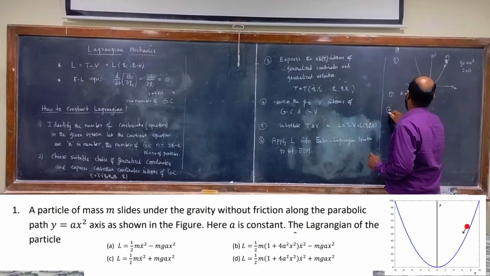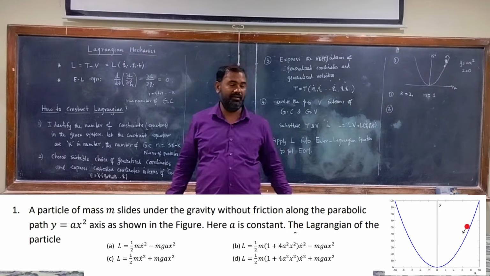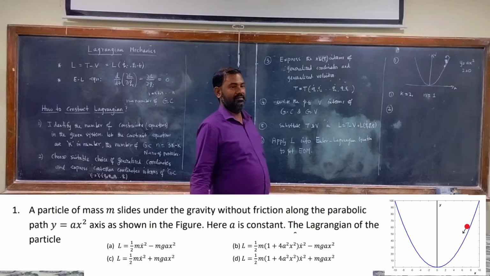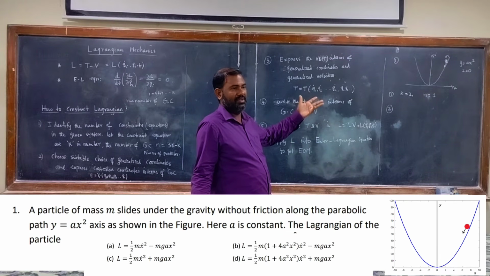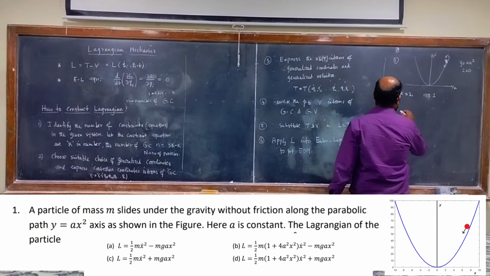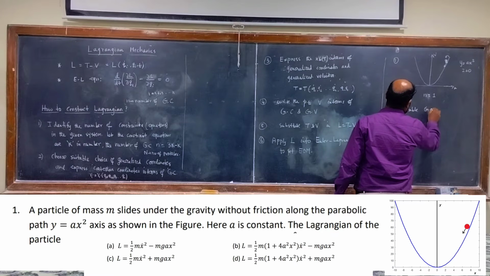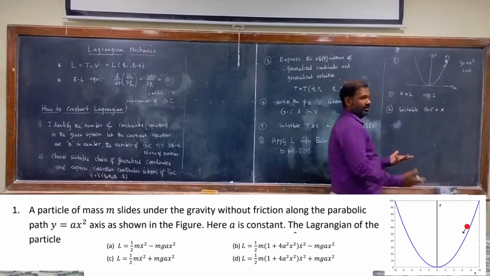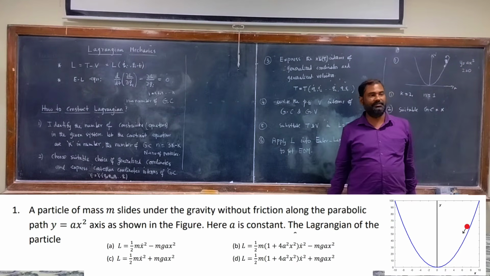Okay, second step: choose the suitable coordinate. There is no symmetry here, right? It's not moving in a circle or something. So it's better to choose Cartesian. The generalized coordinate is x, because if I know x, automatically y is fixed.